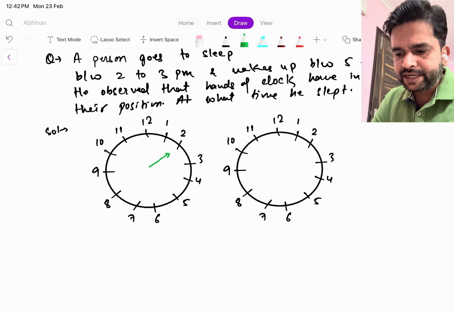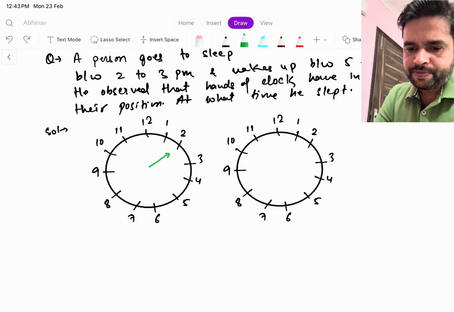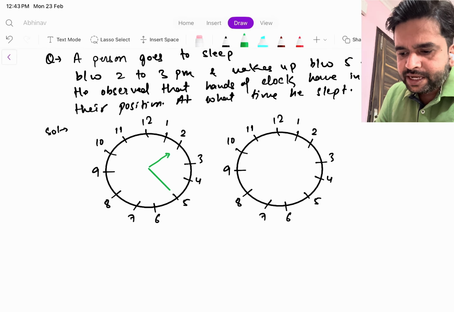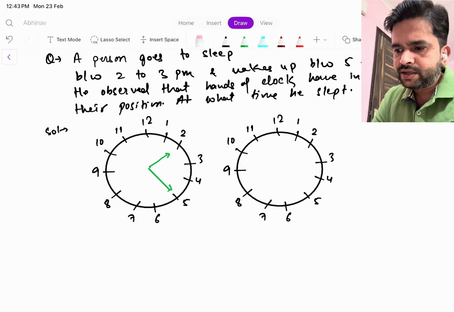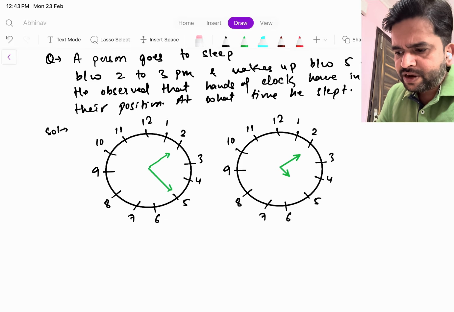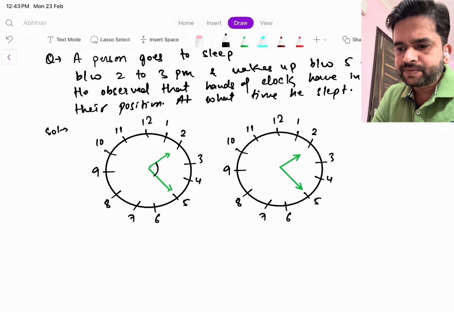So approximately, if I visualize the scenario, I can approximate that he would have slept around 2:25, and he would have woken up between 5 to 6 at around 5:10 approximately.